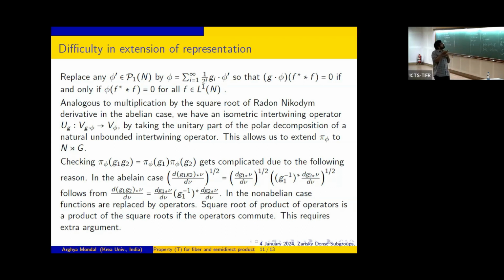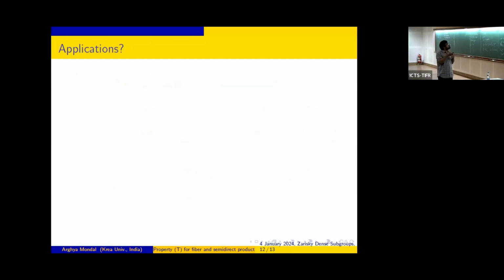And let me finish by asking for some applications. I mean, these are pretty theoretical results, but if you look at results of Burger or Shalom, they have used a version of Iona's result to prove relative property T for SL2Z semidirect product Z2, even without taking the help of SL2R semidirect product R2.